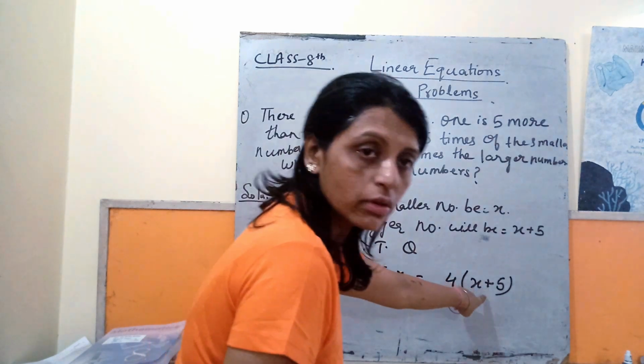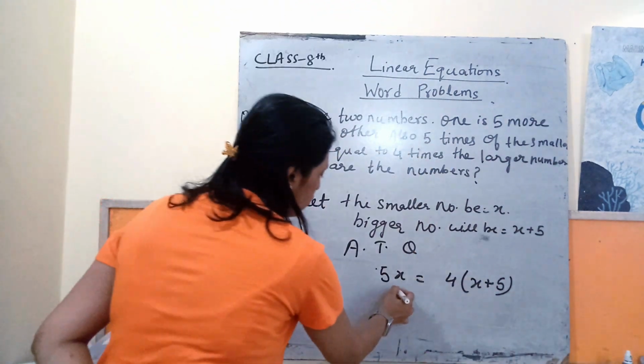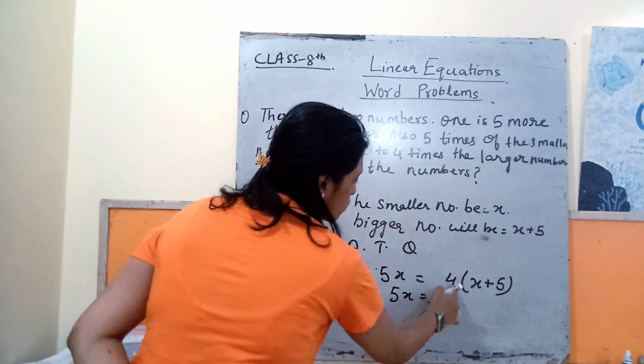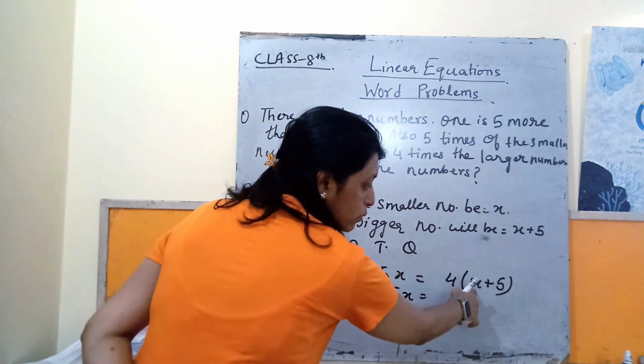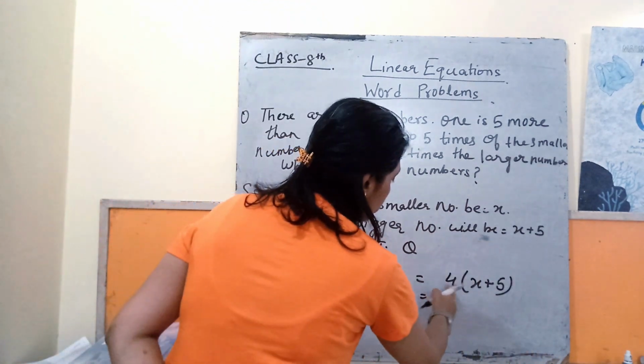The bigger number is x plus 5. Now 5x is equal to 4 will be multiplied to both terms. So it will be 4x.